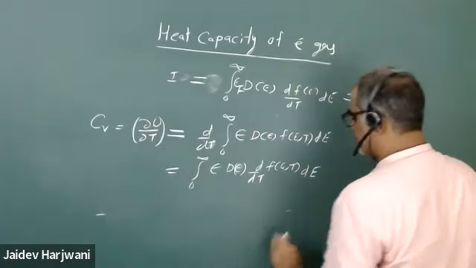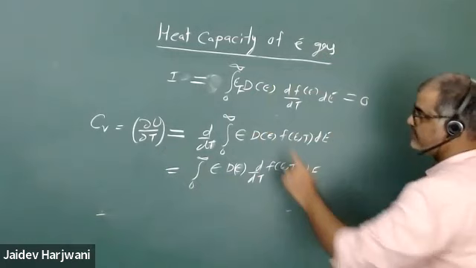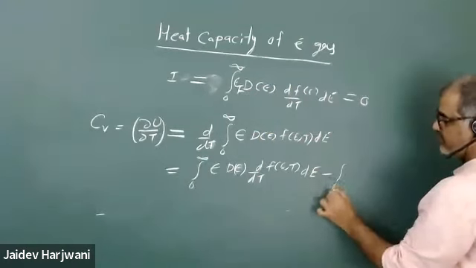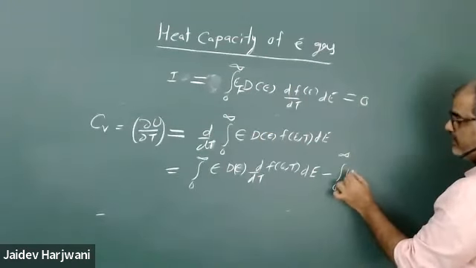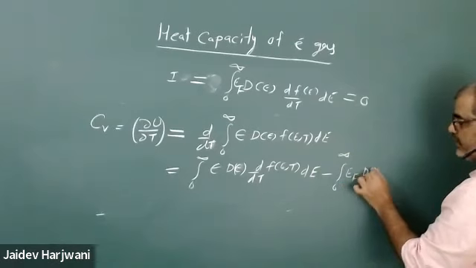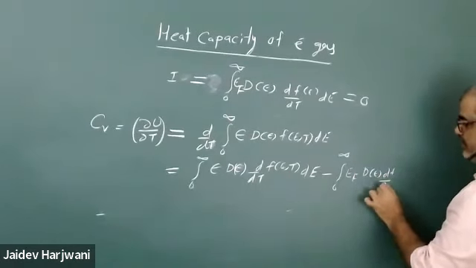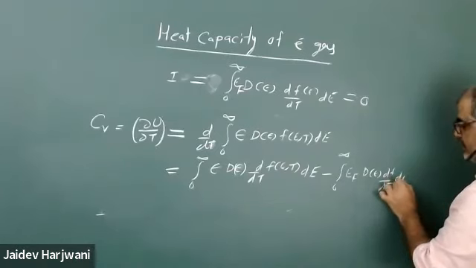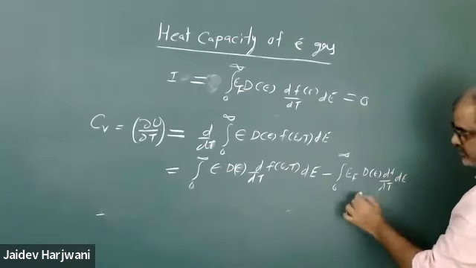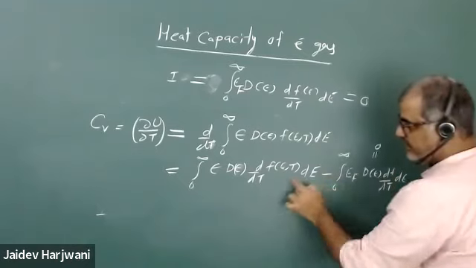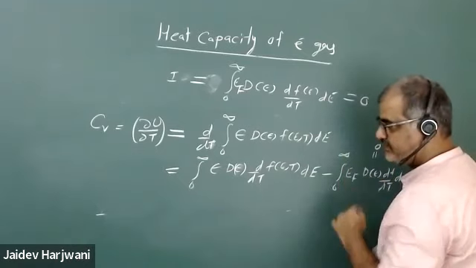And I am subtracting this integration from here, 0 to infinity E f d df upon dt dE, because this is 0, so if I add it here nothing will change.